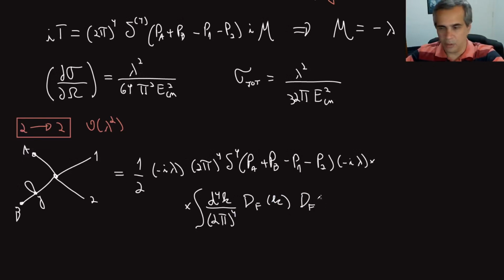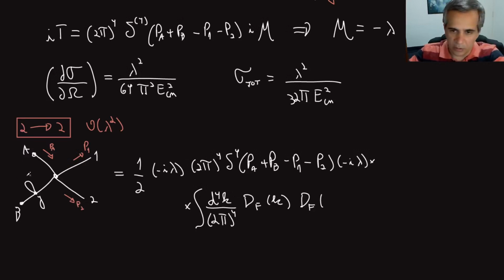Let me write the momenta here. So I'm calling this pA, right? That's the easy one, pA, p1, p2. Those are the obvious ones. But in here I call the momentum that is going around the loop k.